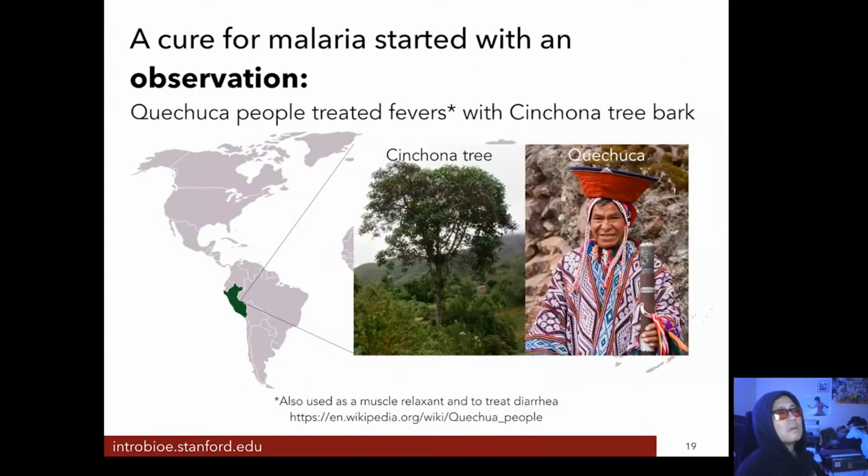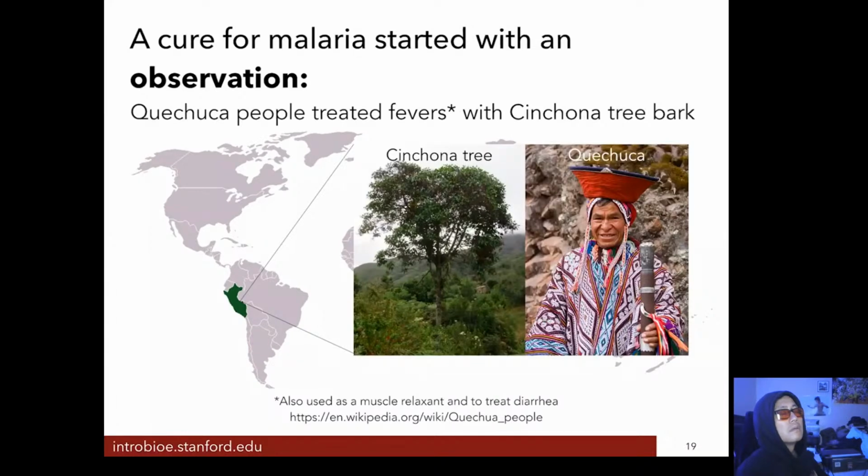And like the cure for syphilis, a cure for malaria started with an observation. The Quechua people who were living in what is presently Peru were using bark from a cinchona tree, a certain type of tree, in order to treat fevers.